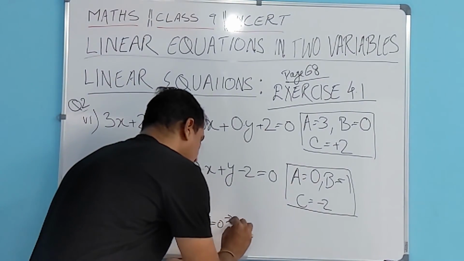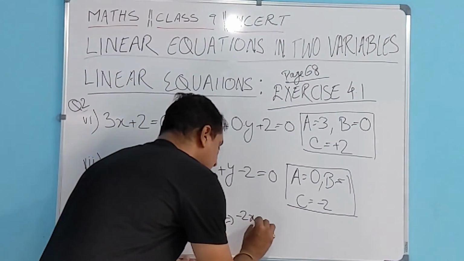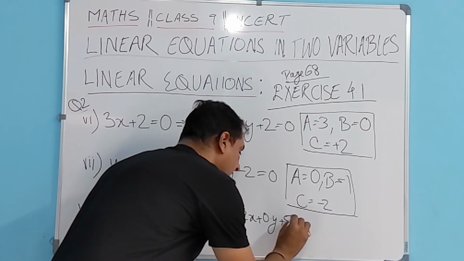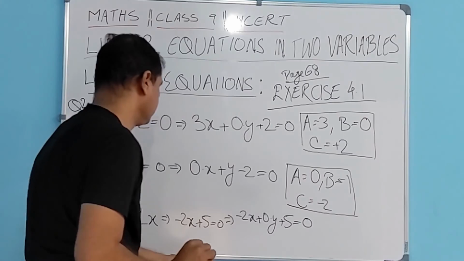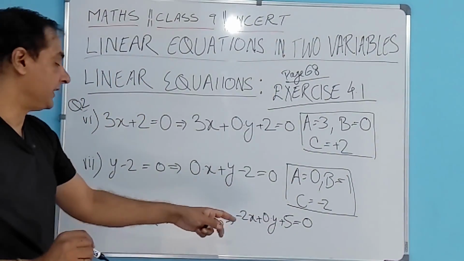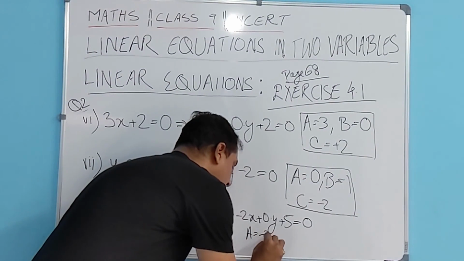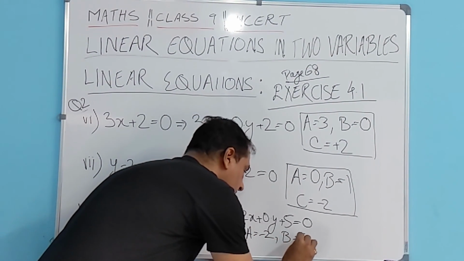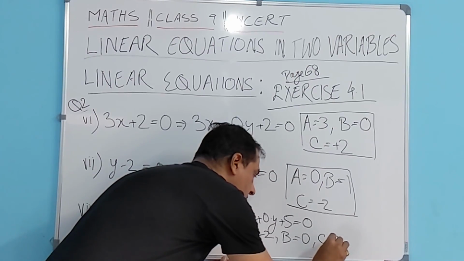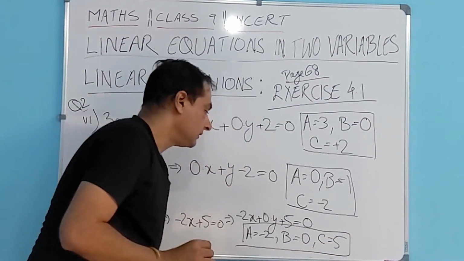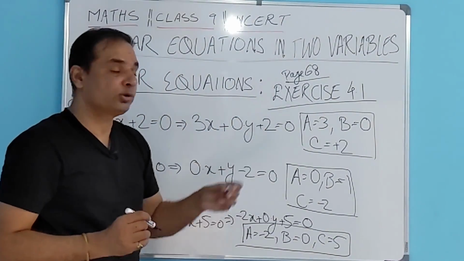So we can write that as minus 2x plus 0y plus 5 equals to 0. Now if we want to find out a, b and c, we can easily say a equals to minus 2, b equals to 0 and c equals to 5. This completes exercise 4.1.